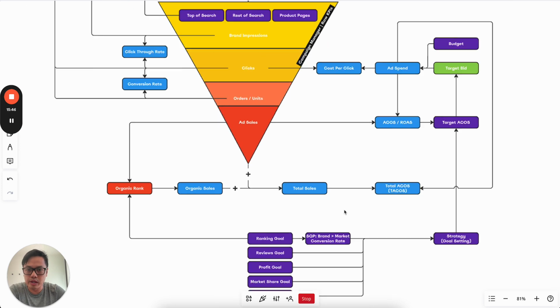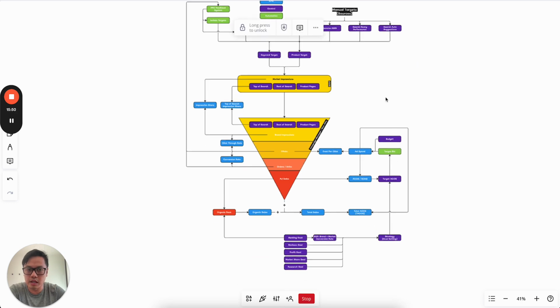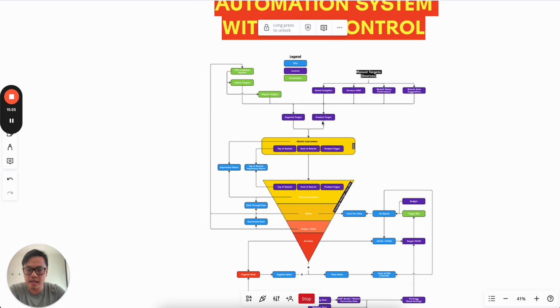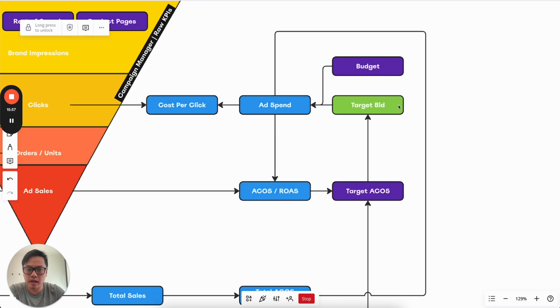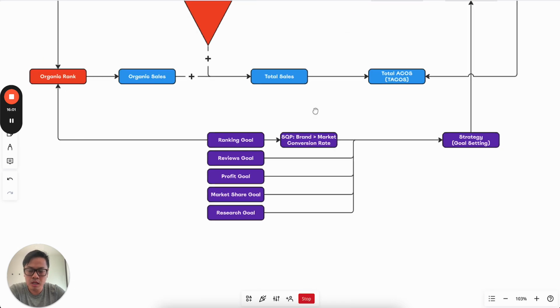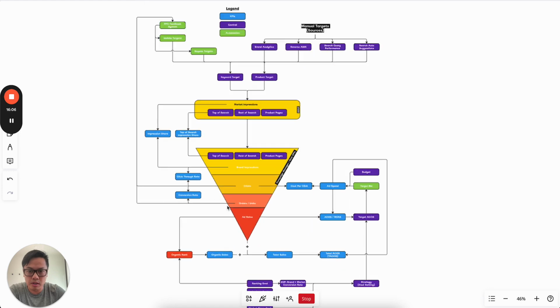So when you take a look at everything, we now have full control over the automation. However, we don't actually have to perform any of these tactics because it's all done through automation and a rule-based system. So there's one last step to this whole entire funnel.